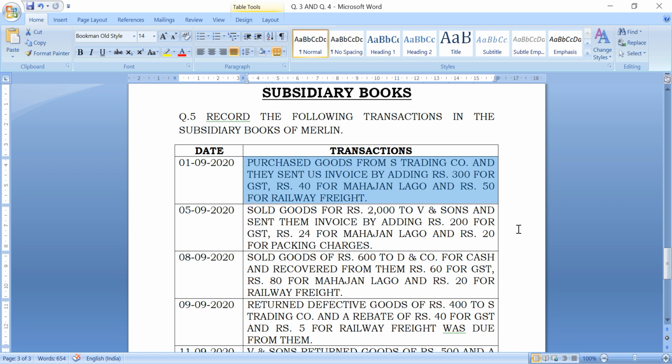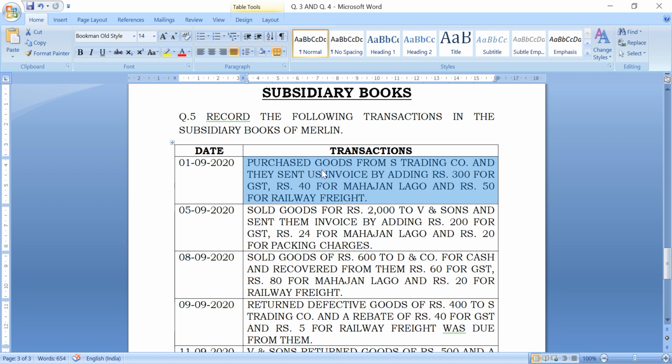Purchase goods from S Trading Company and they sent us invoice by adding 300 for GST, 40 rupees for Mahajan Lago and 50 rupees for railway freight.